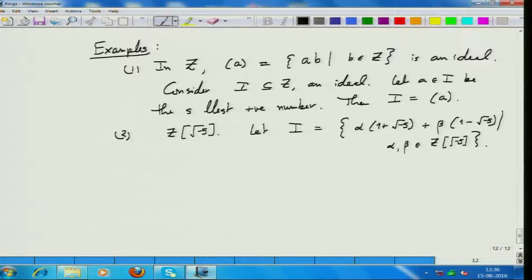So that's a slightly complex definition. One is in this. One is not in this.